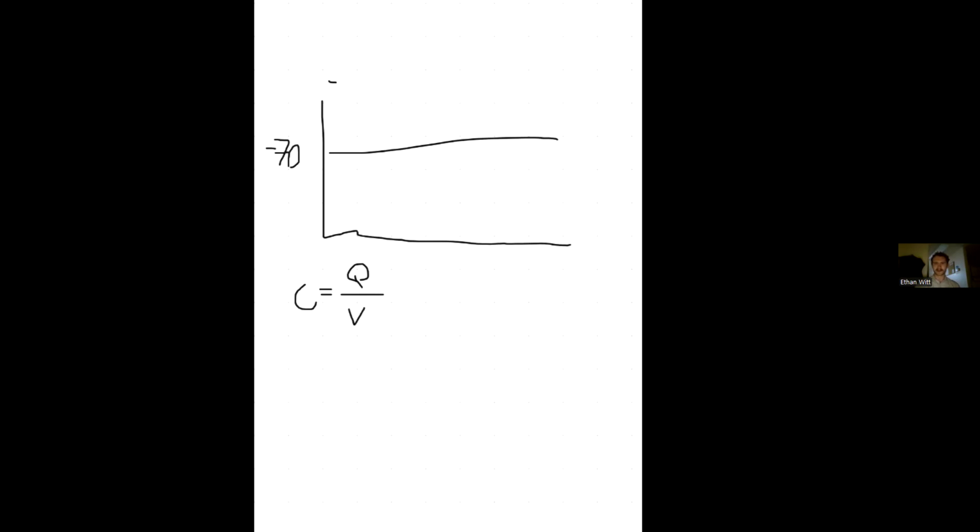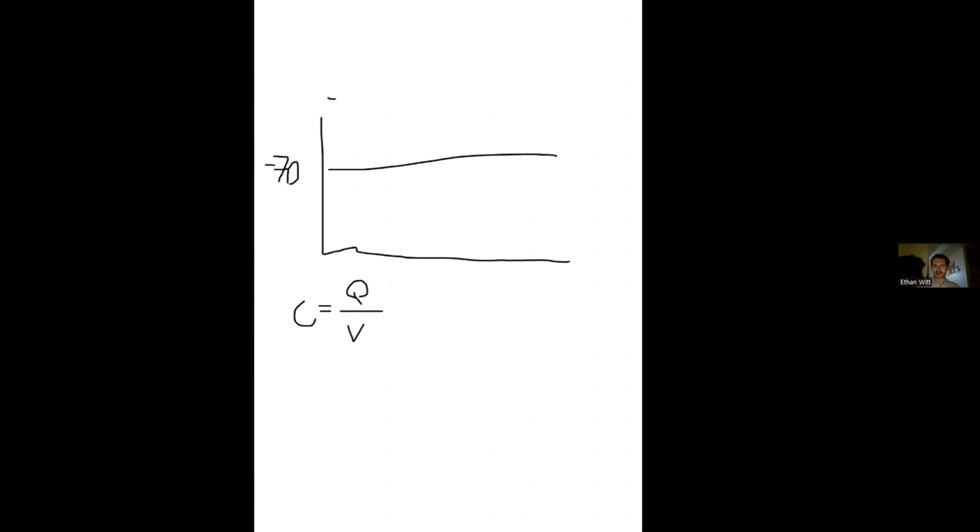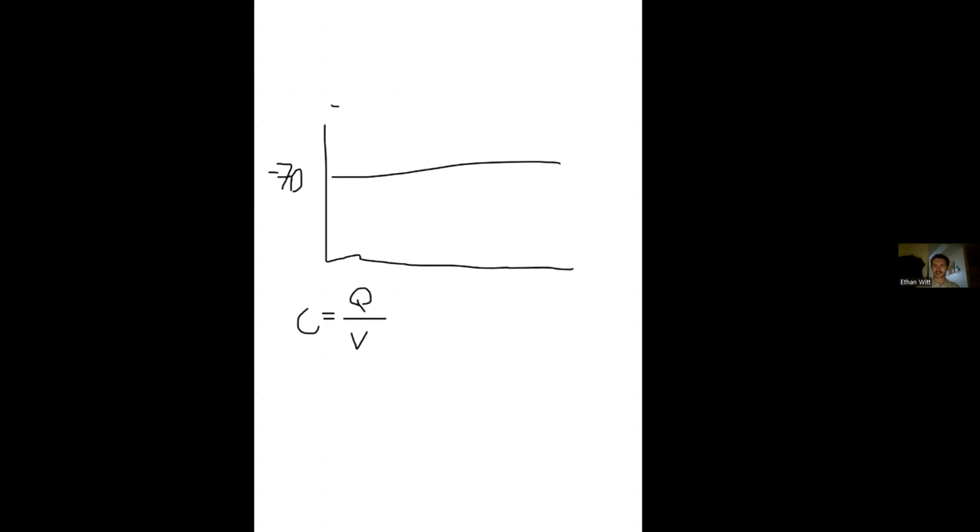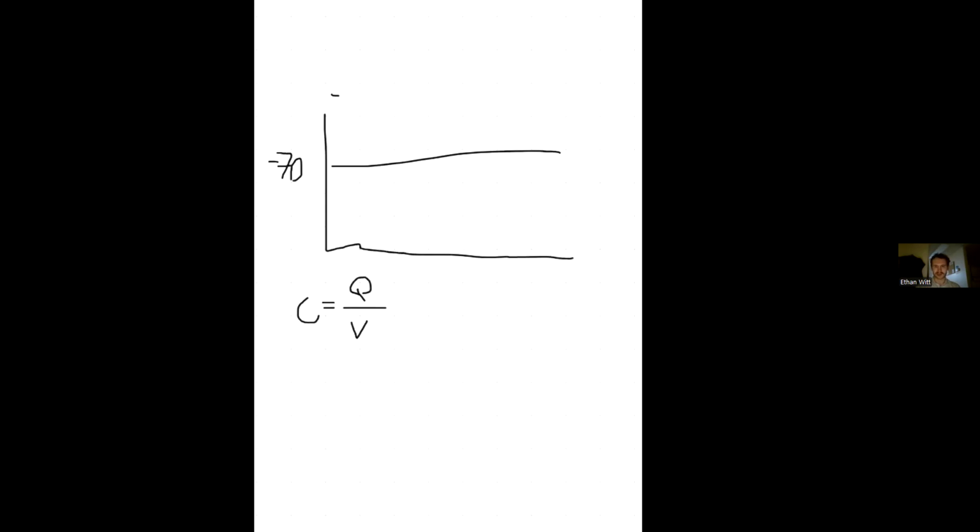Capacitance is a fancy word, but essentially all that it means is the ability to resist change, almost like a buffer in the resting membrane potential. So if I were to decrease the amount of electricity, to put it in probably overly simple terms, but increase the strength of that electricity, I'm going to decrease my capacitance.